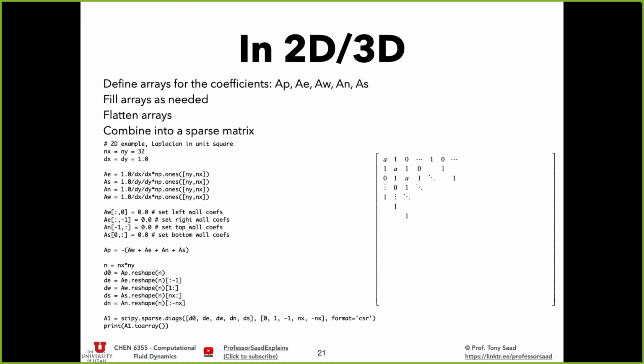Yeah? So AP is the array, the array AW plus AE, AN, AS. What AP dot reshape does is it takes each row and stacks them next to each other.